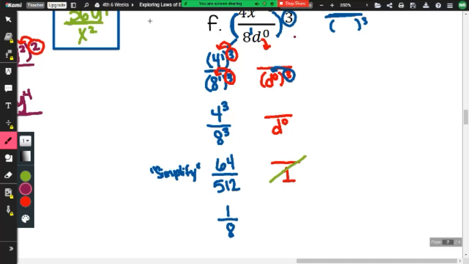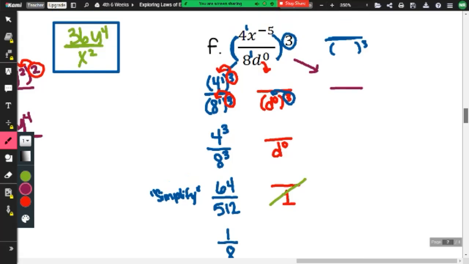Last group we have is my x's. X to the power of -5 is on what side? On the top. That is in parentheses with what exponent outside? 3. What do you do with the exponents first?